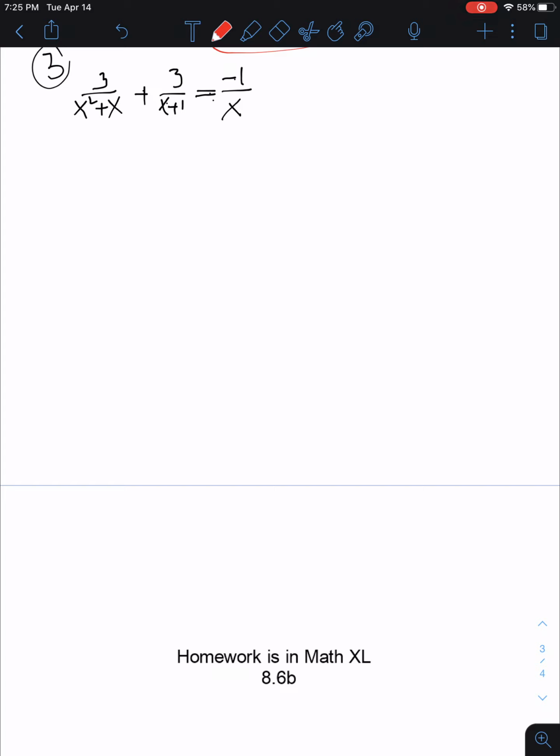The third one, similar to the second one, is in a different setup. I can't cross multiply here. So again, we'll do our setup of the least common denominator. Well, let's look at it in reverse order. On this one, we have a factor of x. On the second one, we have a factor of x plus 1.